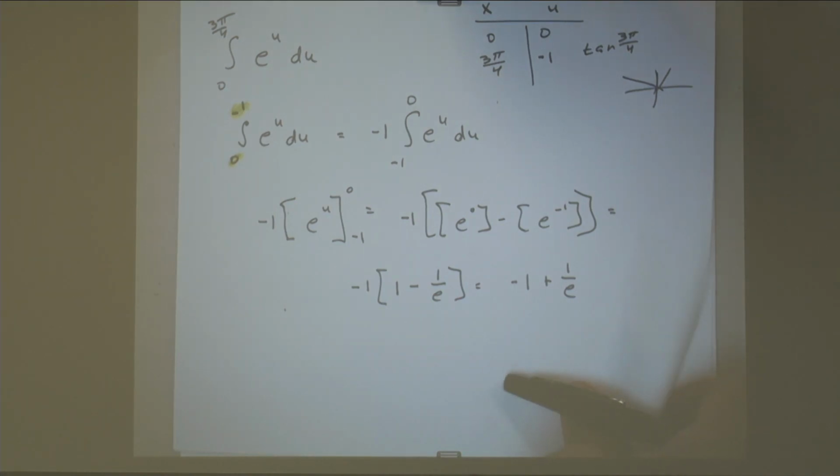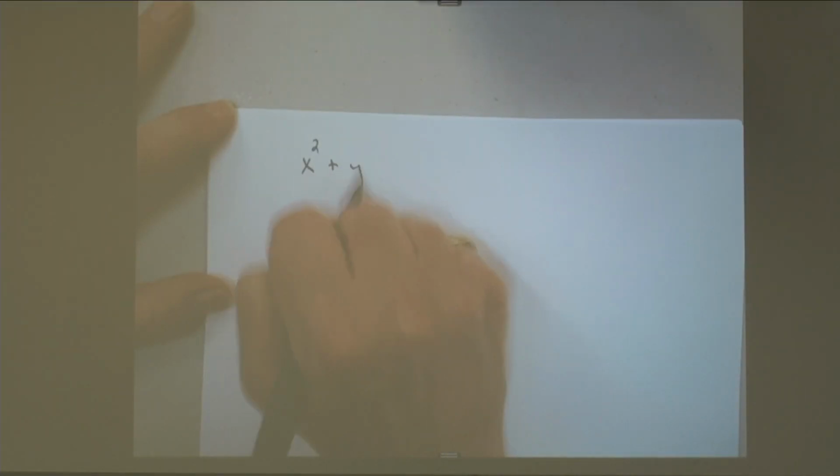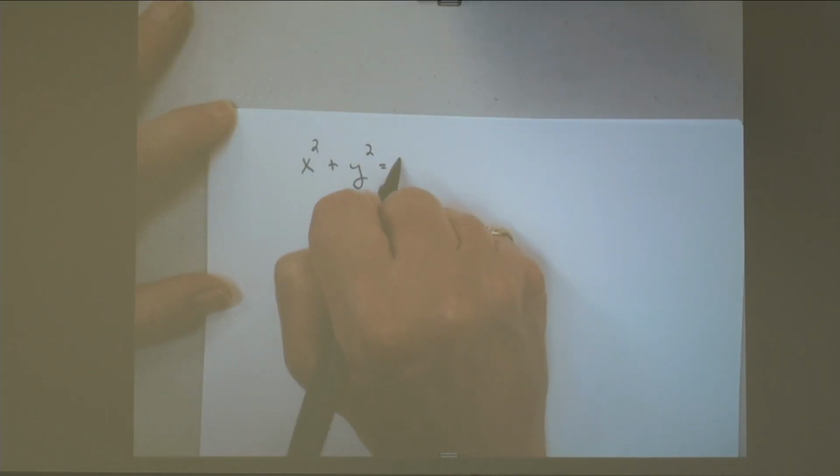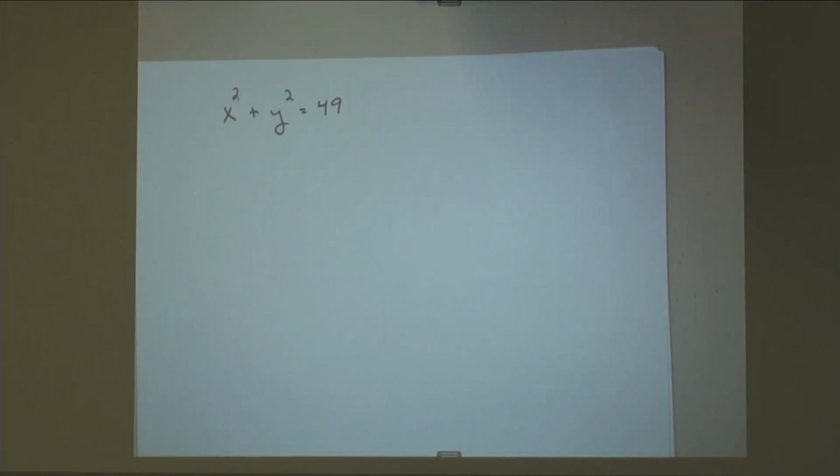All right. I guess it's been a month now. Let's talk about if we're given the equation x squared plus y squared, let's go with 49. So you ought to recognize that as the equation of a circle.